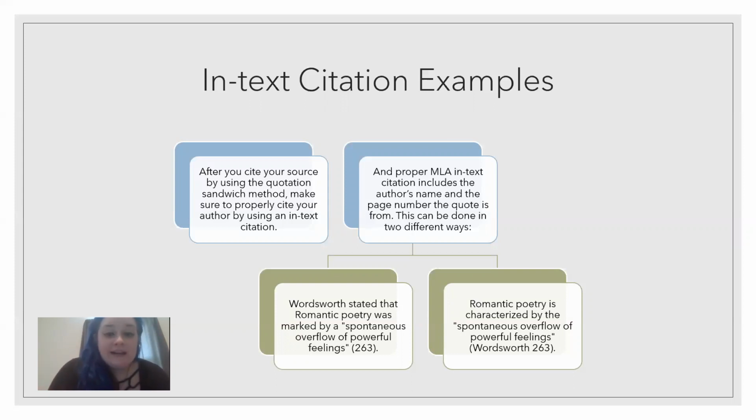Proper MLA in-text citation includes the author's name and the page number the quote is from. There are two ways that you can do this, okay? And this example is taken from Purdue OWL, so if you want more information about this, go check that out. This first one says, Wordsworth stated that romantic poetry was marked by "a spontaneous overflow of powerful feelings," then you have the page number in parentheses, and then you have the period outside of that, okay?